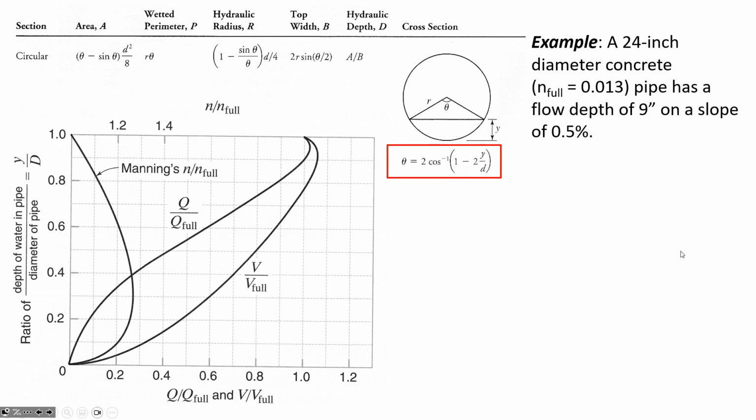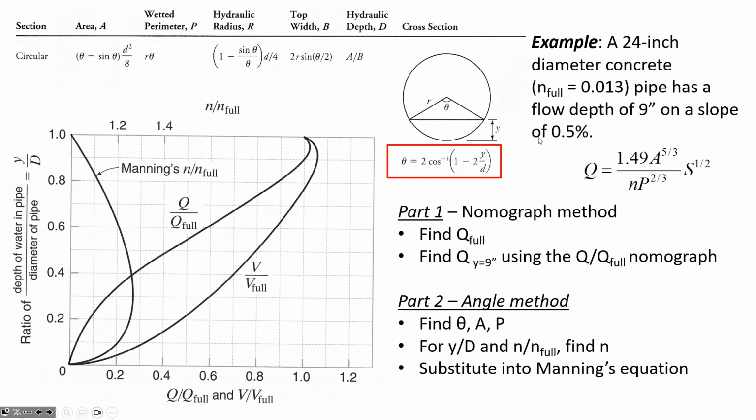And we're going to use this example to illustrate a 24-inch diameter concrete pipe, where if the water was flowing full, the n value we should use is 0.013. The flow depth is 9 inches, and we've got a 0.5% slope. We're going to use the nomograph method first, by calculating the flow rate if the pipe was full, and then finding the flow rate when it's partly full based on the nomograph.